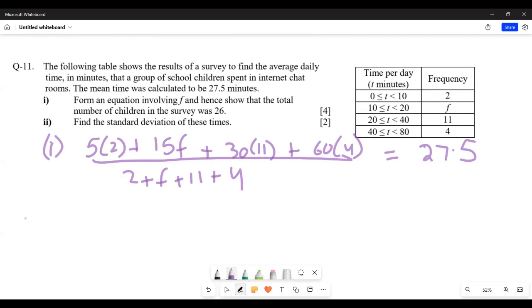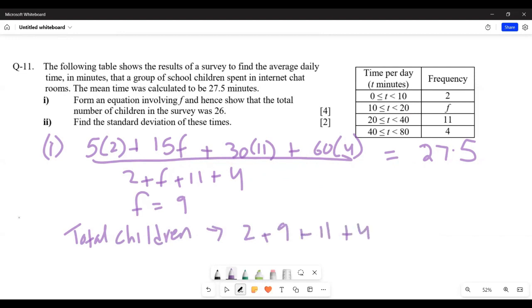Rearrange it, you'll get f on both sides, then move it to the same side, and get the value of f, which should come out to be 9. So f is 9, and the total number of children is 2 plus 9 plus 11 plus 4, which is 26.